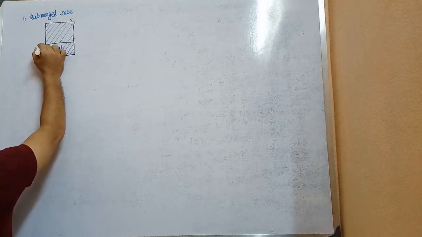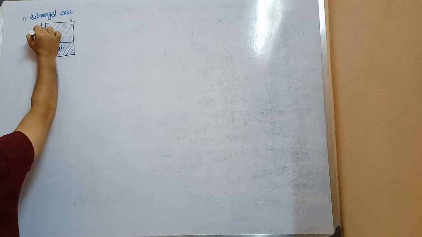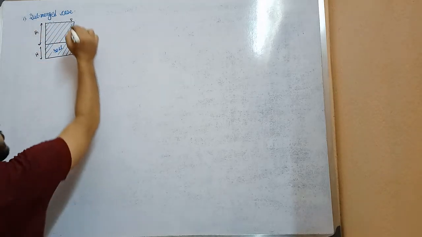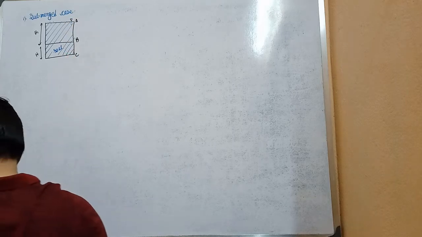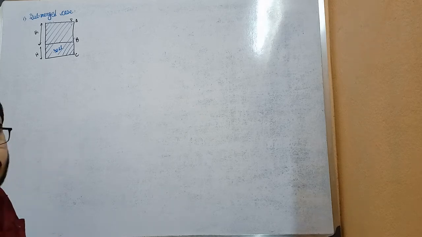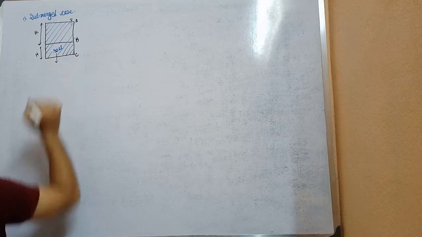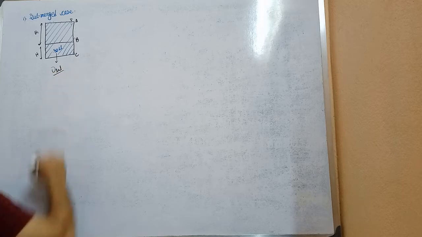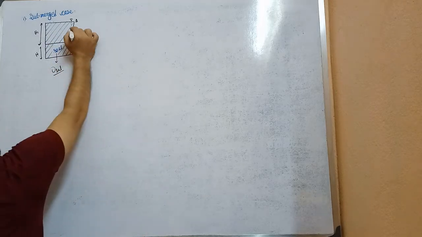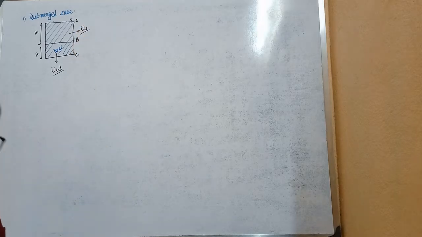Now this height is h, and this one is h1, with points a, b and c. Okay, so when the soil is under the water table, what we have known is that the unit weight of the soil is gamma saturated, and the unit weight of water is gamma W. Okay.